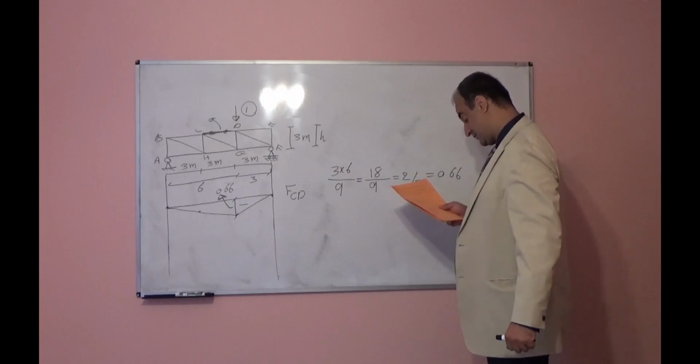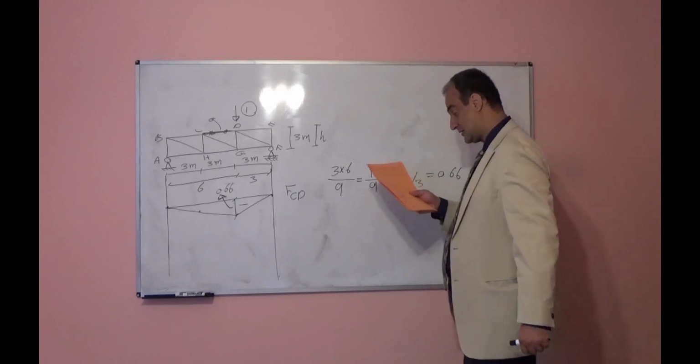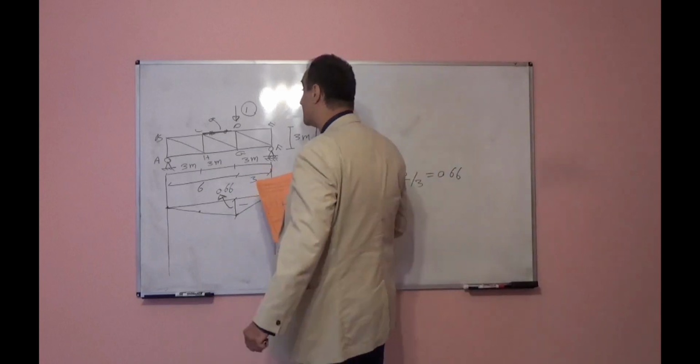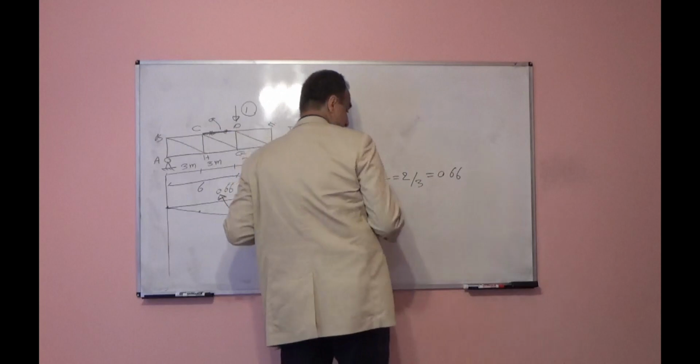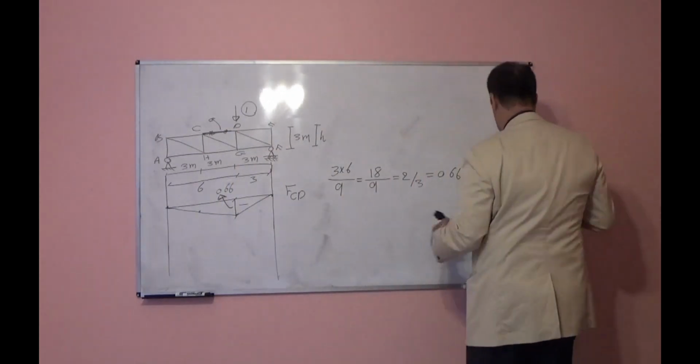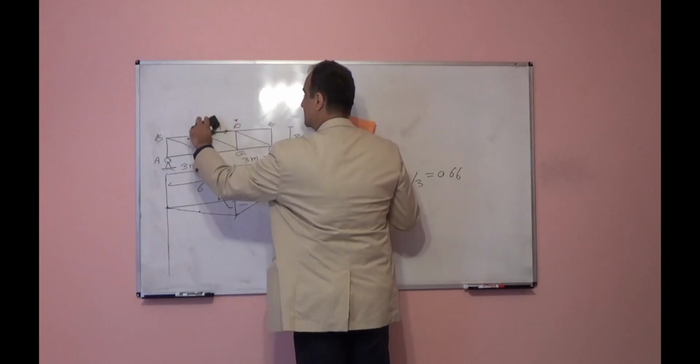Let's see the influence line for a member. Let's see, A, B, C, D, H, G. So let's remove this.